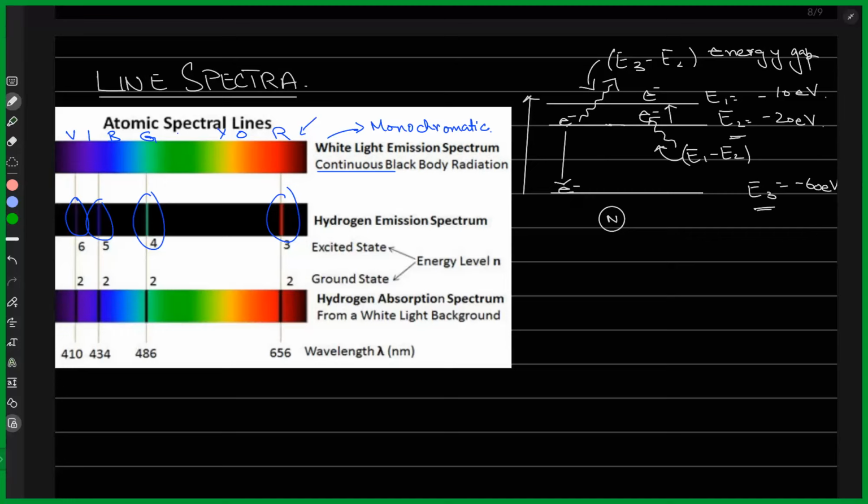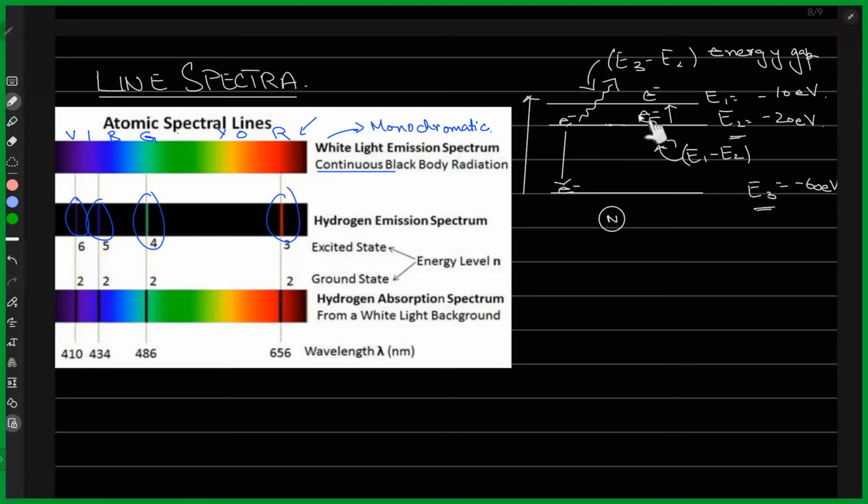And for the other case, a photon will be gained. Oh, okay, so to jump to E1 from E2, yeah. So a photon will be absorbed by the electron. So you might shine light or a laser beam at this electron sitting in E2.